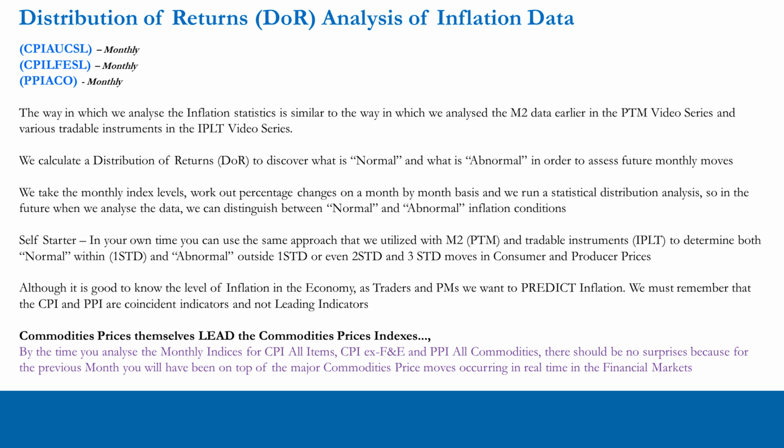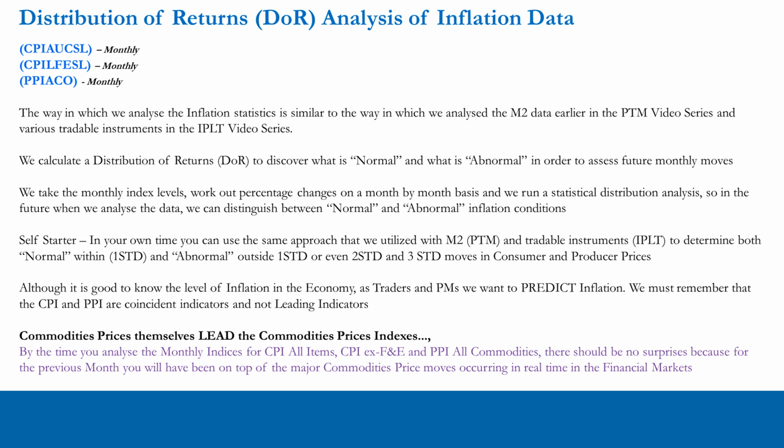So we calculate a distribution of returns to discover what is a normal level of inflation and what is an abnormal level of inflation in order to assess future monthly moves. So we understand the historical context of any move that we analyze in the future.